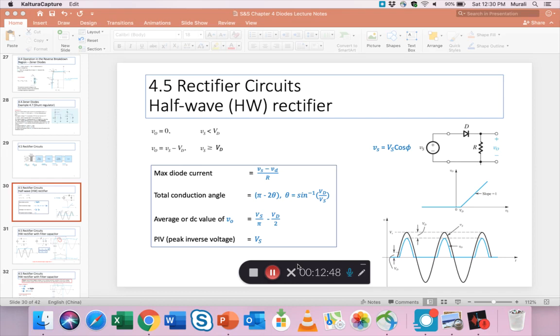It is not exactly a replica of the positive cycles of the input AC. Even it is kind of smaller by the factor Vd, and it also has a shorter on time than just half of the cycle, right?